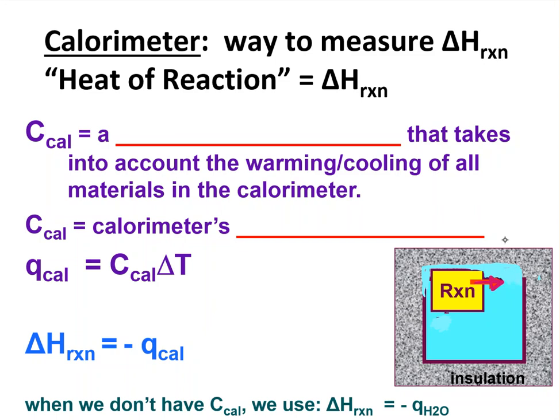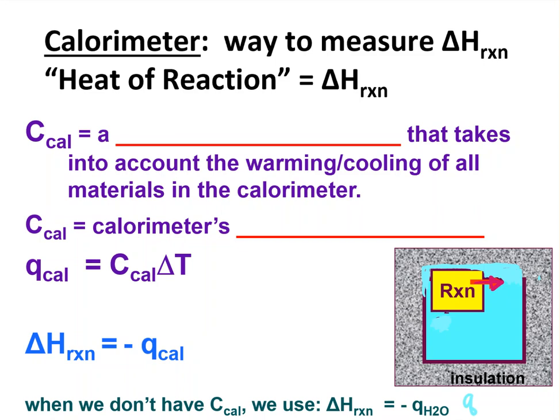So just like with the metal, the hot metal put in the calorimeter and the water warming, we can see the temperature change of the water and then see how much heat this reaction gave off. And that's what this is down here.